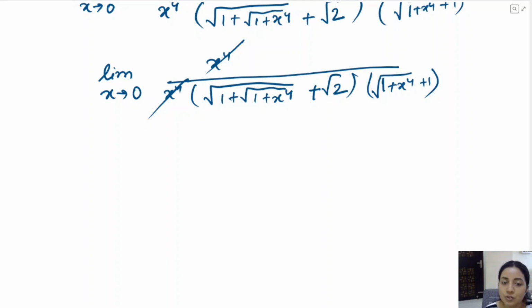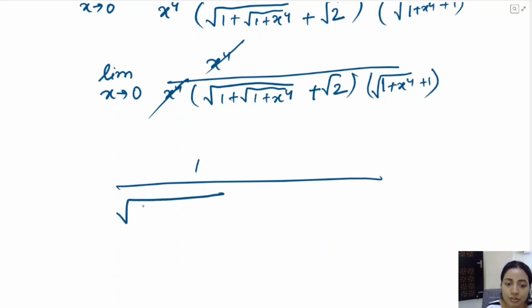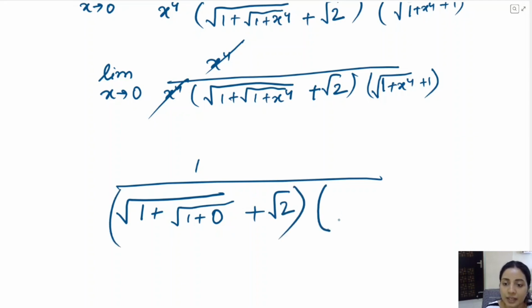So now when you substitute 0 at the place of x, let's see what we are getting. We will be having under root, 1 will remain as it is, again one more root is there, then 1 plus 0, plus root 2 will remain as it is. Then the other bracket we are having 1 plus 0 plus 1.